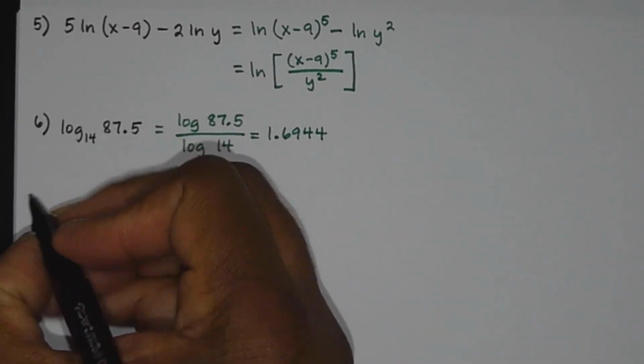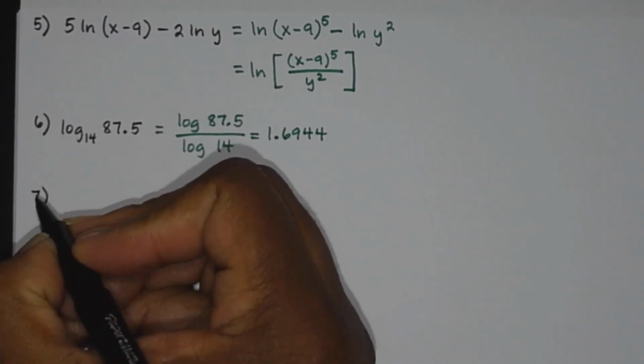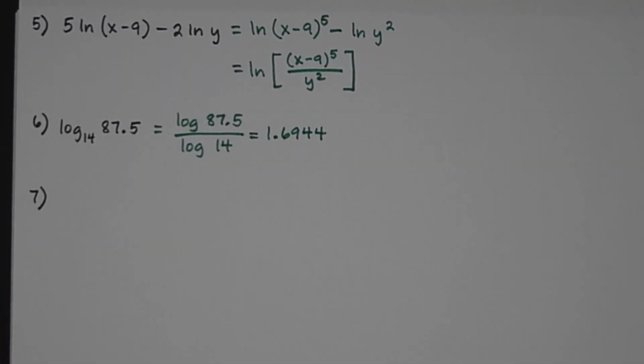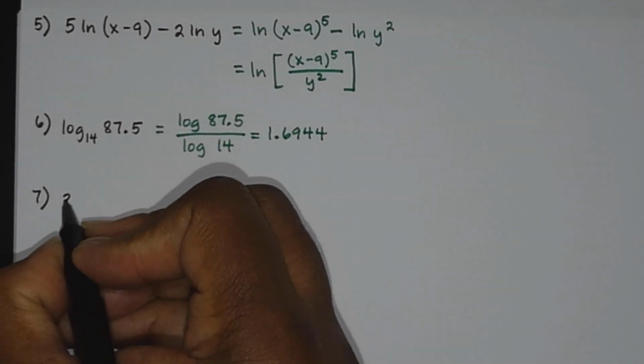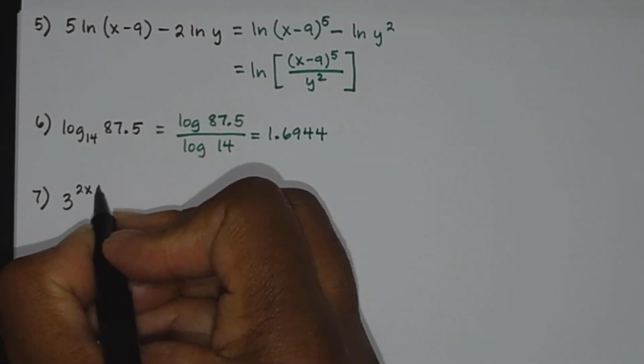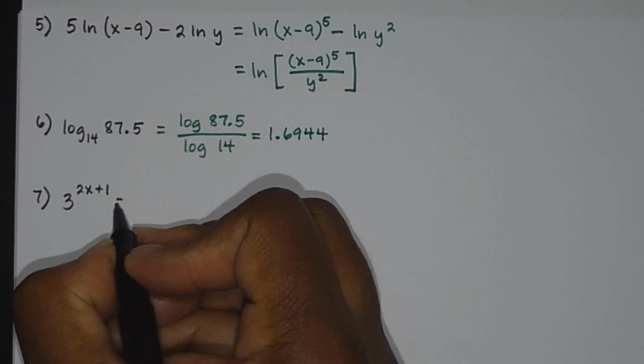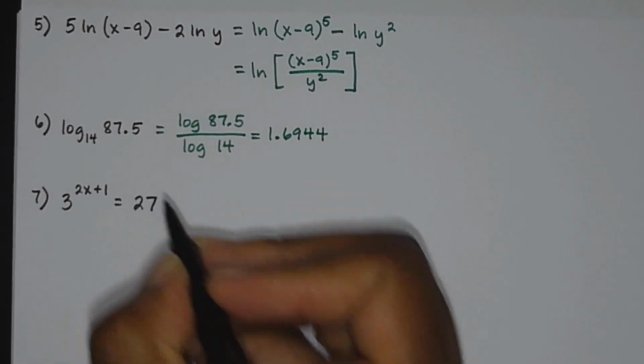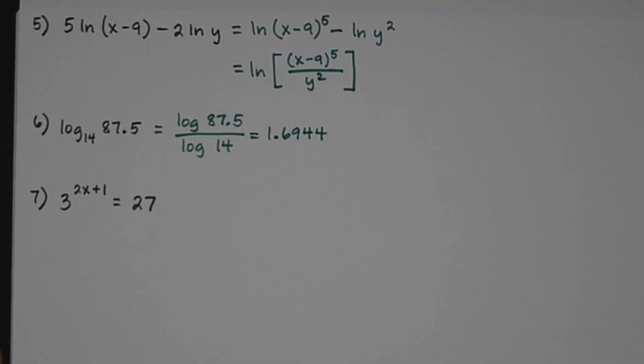So in problem number 7, here we're going to solve the exponential equation 3 to the 2x plus 1 equals 27. And you're told to solve this by expressing each side as a power of the same base and then equating the exponents. So you're told what to do there in that problem.